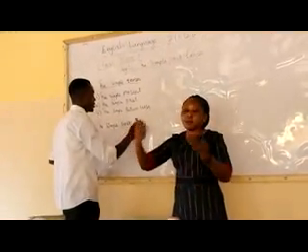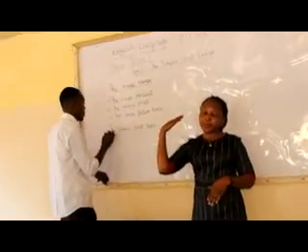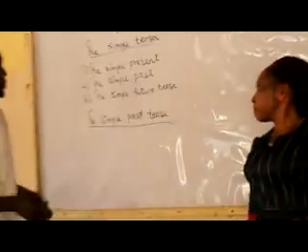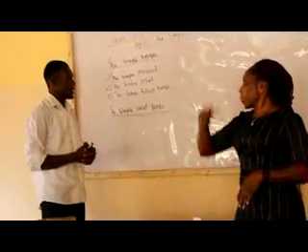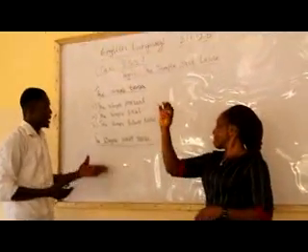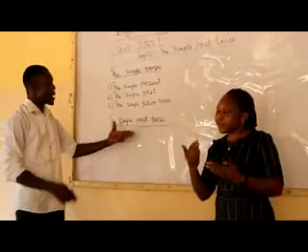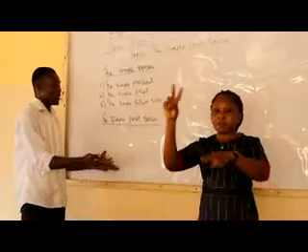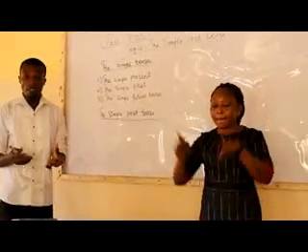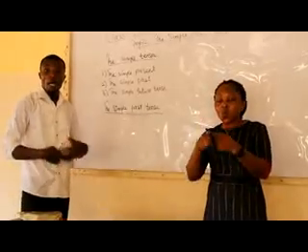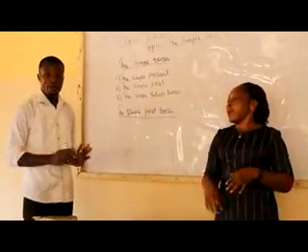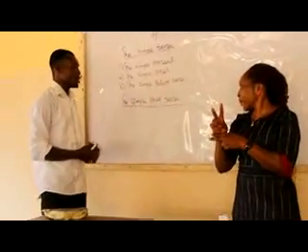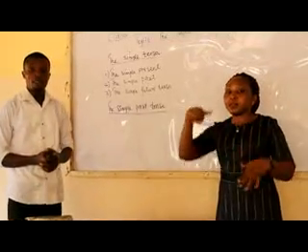The simple past tense. Okay, in summary, the simple past tense simply means the tense that tells us about the action of a verb that just took place. When a sentence or a statement expresses an action performed by the verb in the past, we say that such a tense is in the simple past tense.